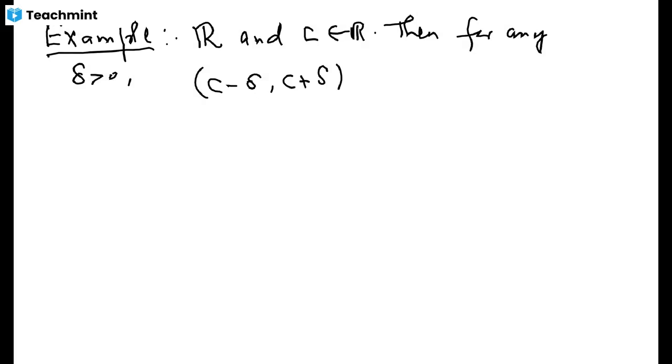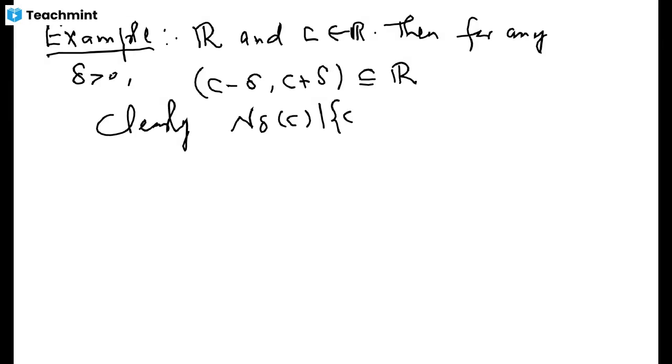So obviously it has points other than C also, and this whole interval lies inside R. So clearly this delta neighborhood, the open interval (C minus delta, C plus delta) minus C, intersection R is non-empty.